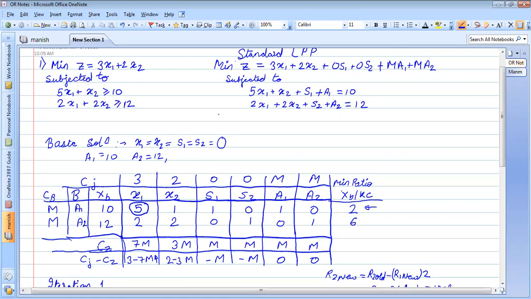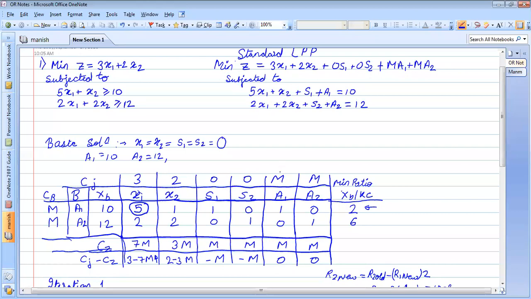Then we write the coefficients. So coefficients of constraint 1 are 5, 1, 1, 0, 1, 0. That is, coefficient of x1 in constraint 1 is 5, coefficient of x2 in constraint 1 is 1, coefficient of s1 in constraint 1 is 1, coefficient of s2 in constraint 1 is 0, no s2.